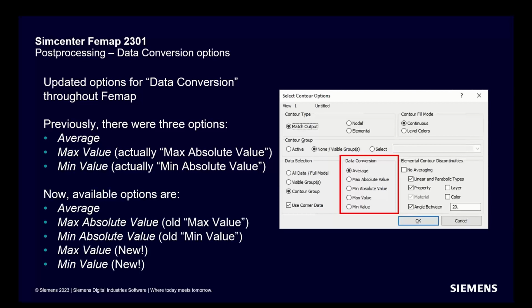All right, moving on from the computed vectors, Femap has updated the data conversion options fairly broadly across the entire Femap interface. So anytime you see, or you would expect to see, average, they've actually added in the max abs and min abs.